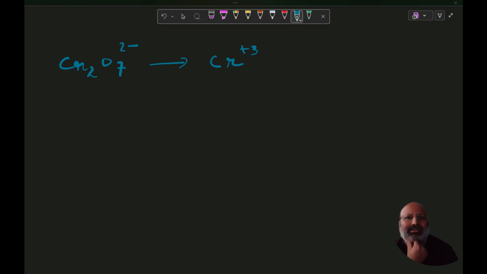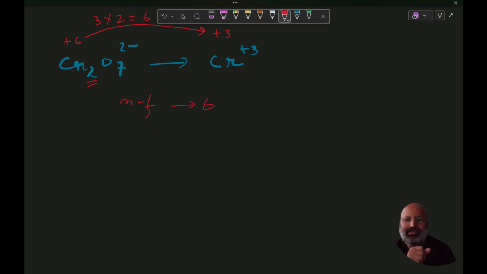Now you can see the charge or oxidation number of chromium is +6 here, and +3 here. Now what is the difference? You can see the difference is basically 3. Now 3 is the difference for one atom, but there are 2 atoms present. So you need to multiply by 2. So it is coming out to be 6. So here n factor is 6.